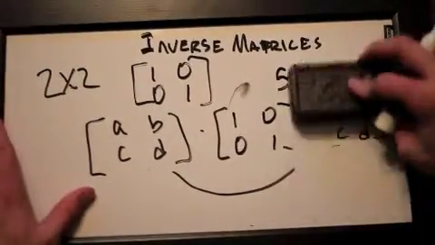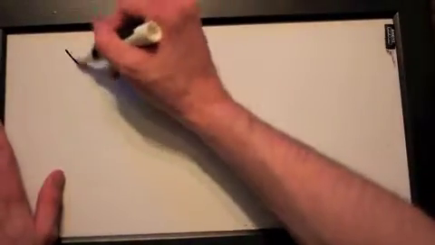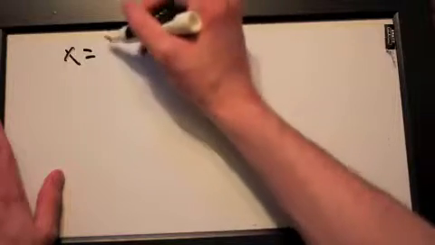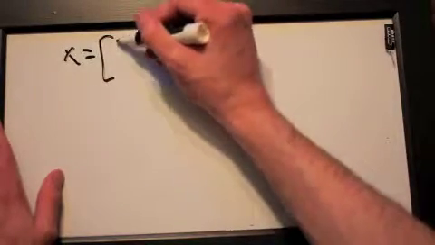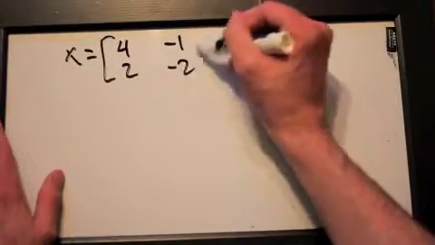So, how to tell whether two matrices are actually inverses of each other. All you do is, say we're given a matrix like matrix X, and it is 4, 2, negative 1, and negative 2.